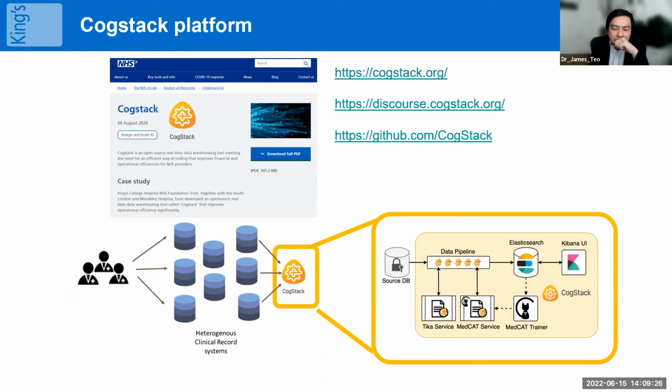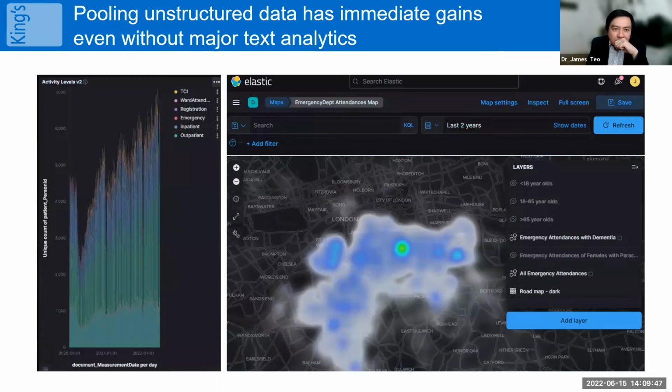This pooling of unstructured data, so we're essentially bringing it all together. It's all a mess still, but even when you bring a big mess together, you end up with an even bigger mess. That actually has some benefits, even though you would expect that you're compounding the problem. Simple things like pooling the data allows us to create dashboards and search free text and keywords, just like you would handle any other structured text.